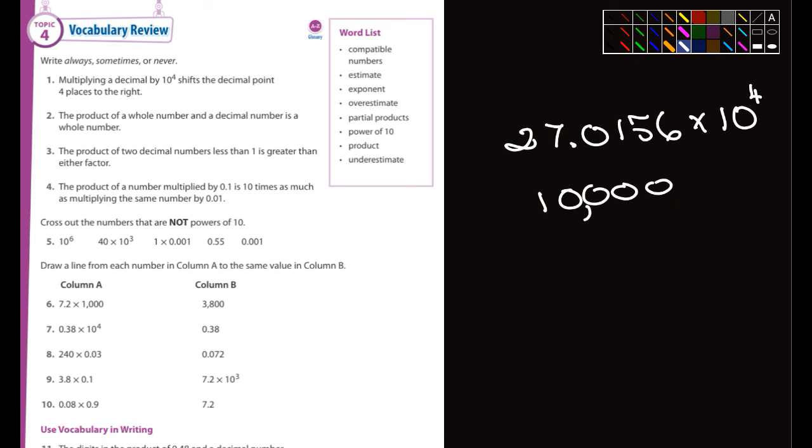All right. So anytime you multiply a number by a power of 10, you're just, as they said, going to be shifting the decimal. The number's getting larger, right? So it would shift, sure enough, to the right 1, 2, 3, 4 places.